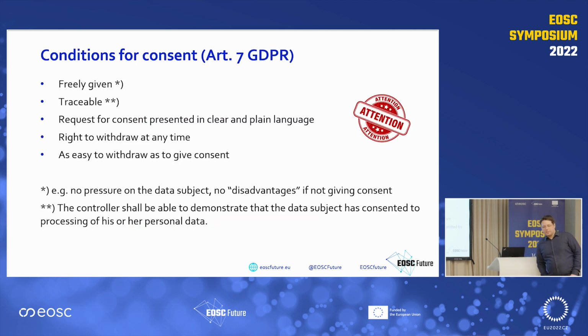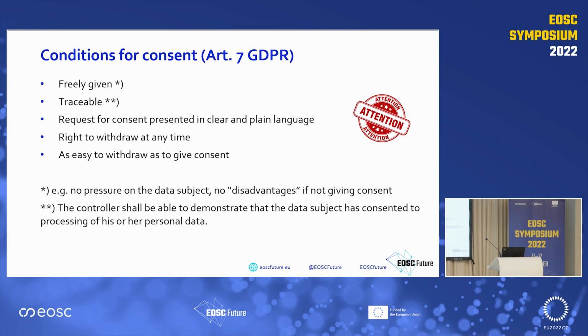We talked about consent as one of the conditions under which data processing is lawful. The conditions for consent are very clearly set out by the GDPR. Consent has to be freely given, traceable, and the request has to be presented in clear and plain language, and you have the right to withdraw it at any time. That's very important.